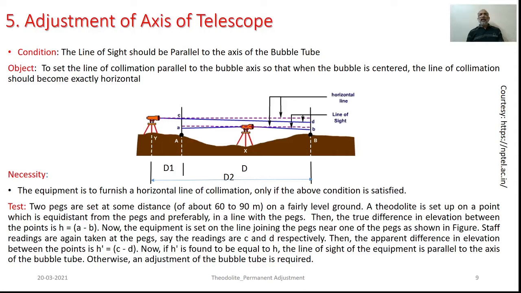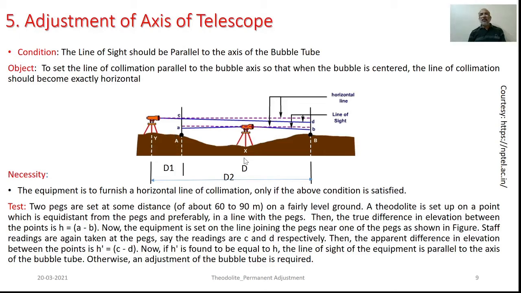Now, in the same line AB, as we keep the equipment at station Y, say at 10 to 15 meters away, and as we take the readings c and d after carrying out the temporary adjustment at Y, we will be getting the apparent difference H dash.